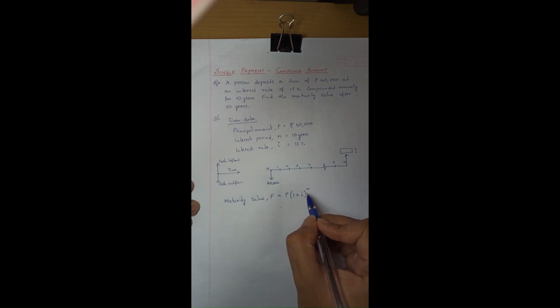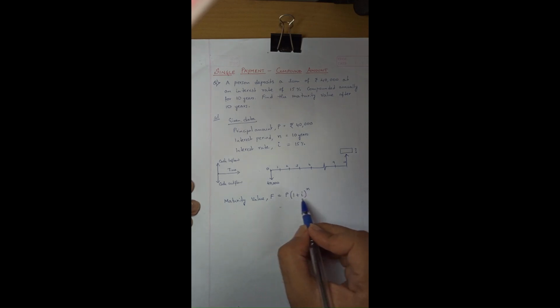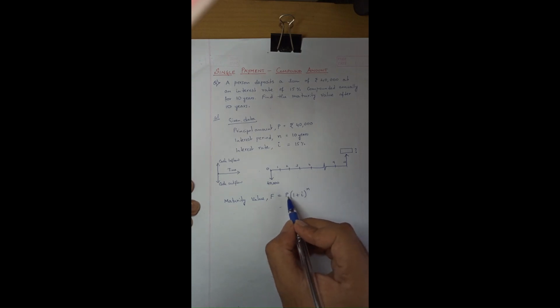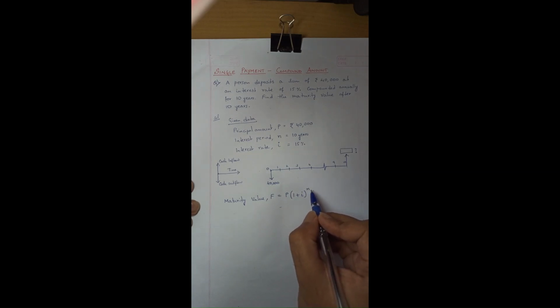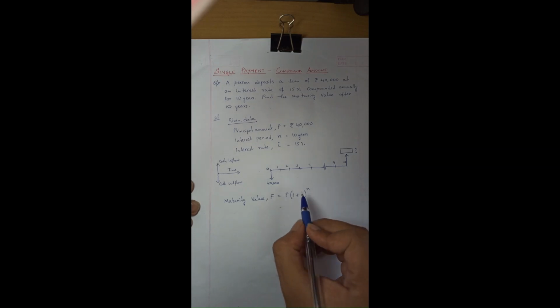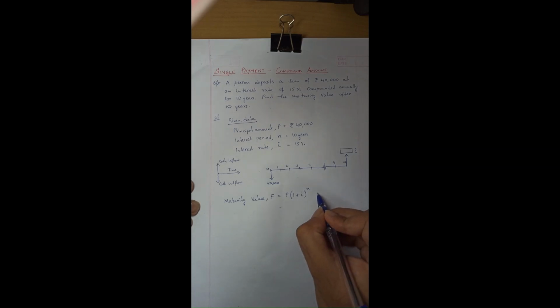If you remember, this equation is the same as that of compound interest. In compound interest we use P into (1 plus i divided by 100) to the power of n, where i was in percentage, but here i is in decimal.